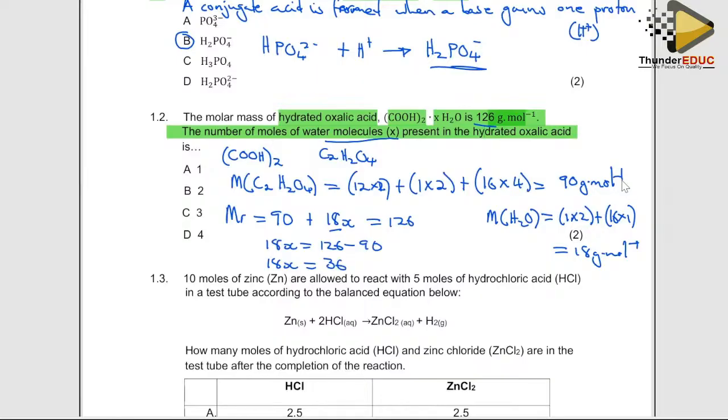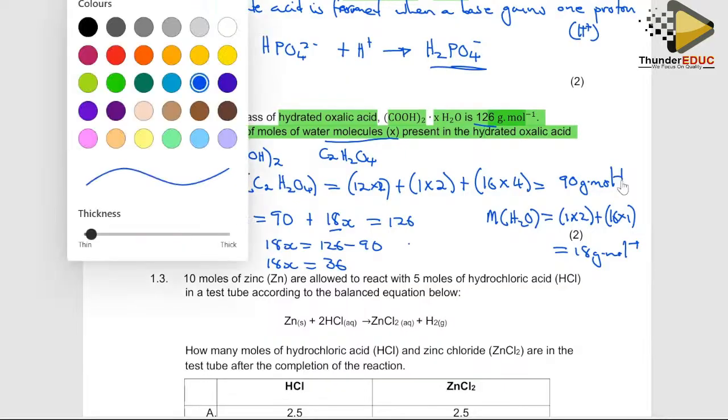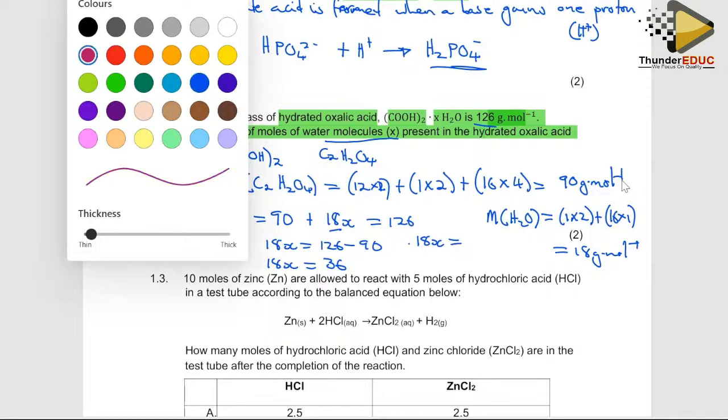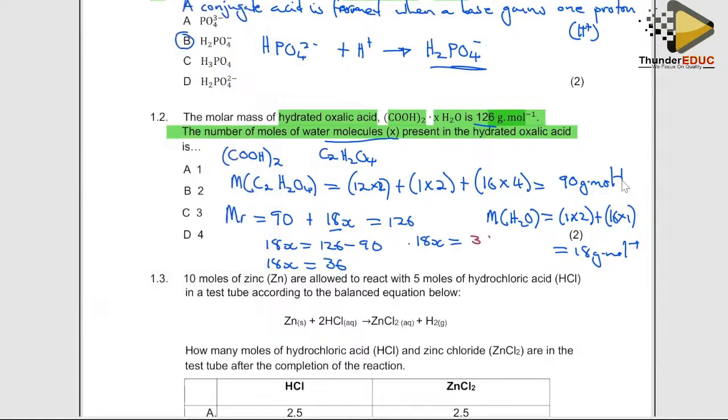For me to make x the subject of the formula, I divide both sides by 18. Therefore, my final answer for x is 36 divided by 18. We're going to get a value of 2. So B is my correct answer.